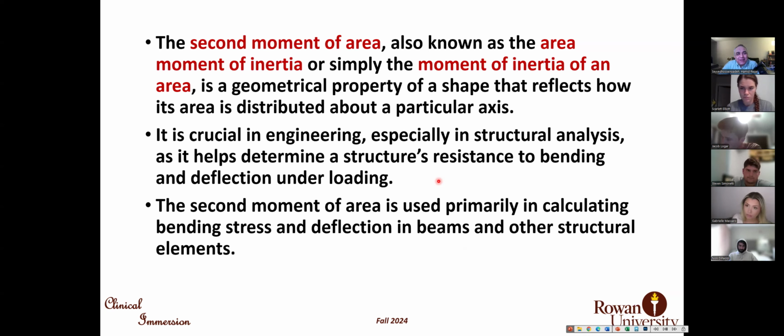Second moment of area is the geometrical property of a shape that shows how the area is distributed around a central axis of a circular cross-section.